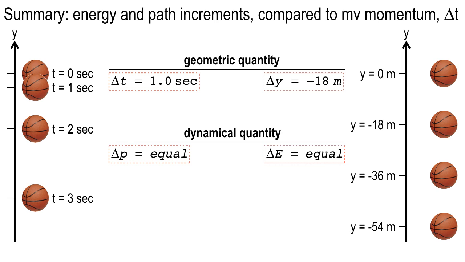The geometric quantity on the right side, in this four-dimensional space-time, we chose a spatial one. And for a free fall, delta y is negative 18 meters, because it's falling.